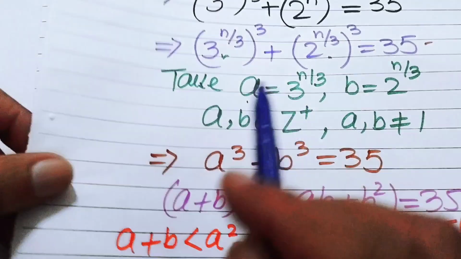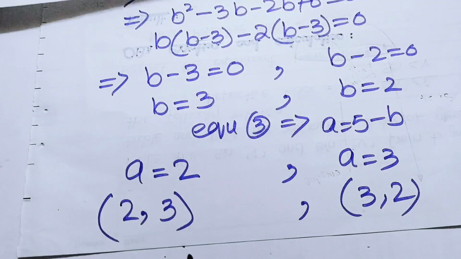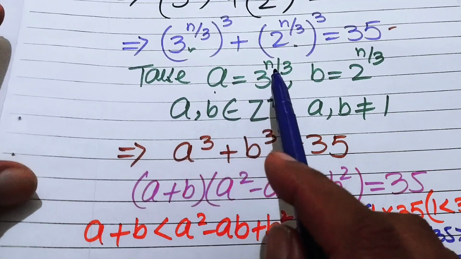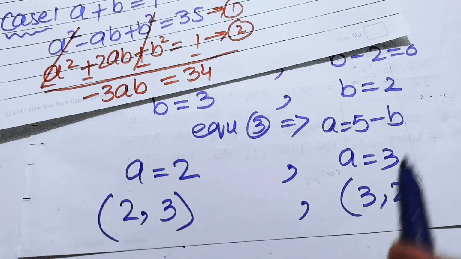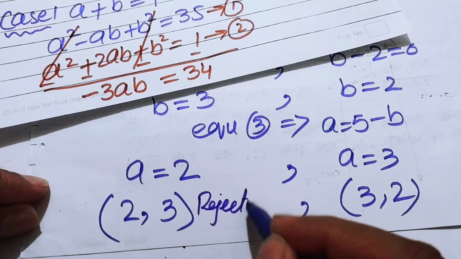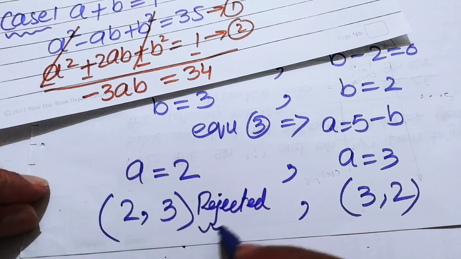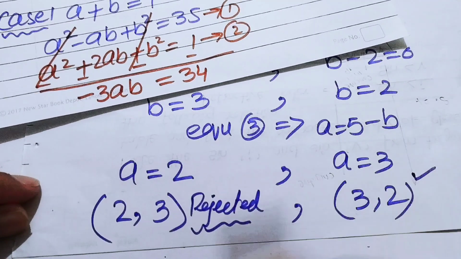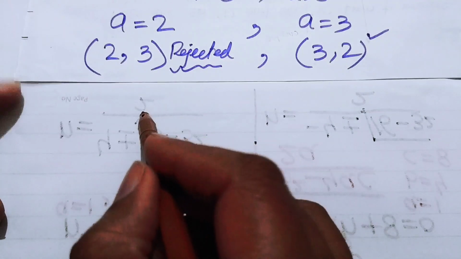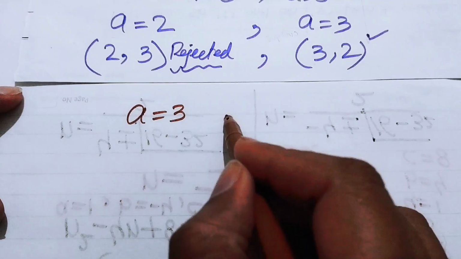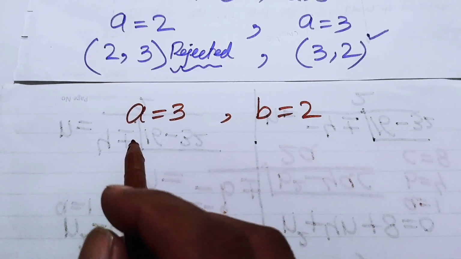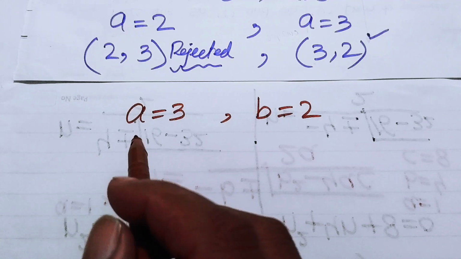I will choose just this second pair, because in the first pair the value of a equals 2 would need to be a power of 3, so we can reject this case, because it cannot give us an integer solution, and we will proceed with this case only. So in this case we have a equals 3 and b equals 2. So we back substitute the values of a and b here.